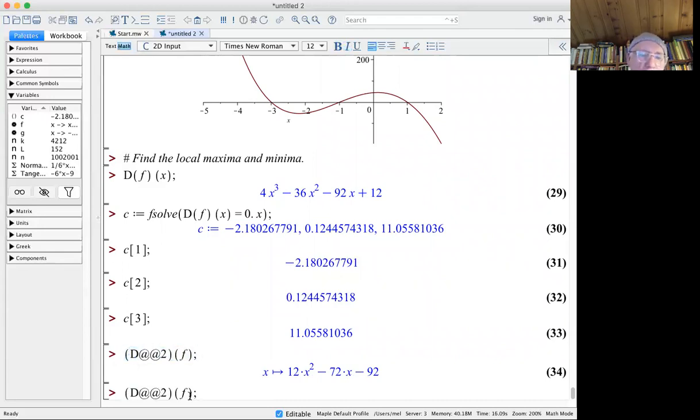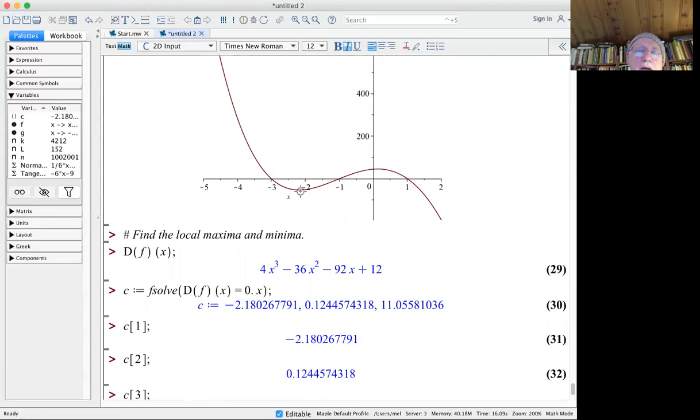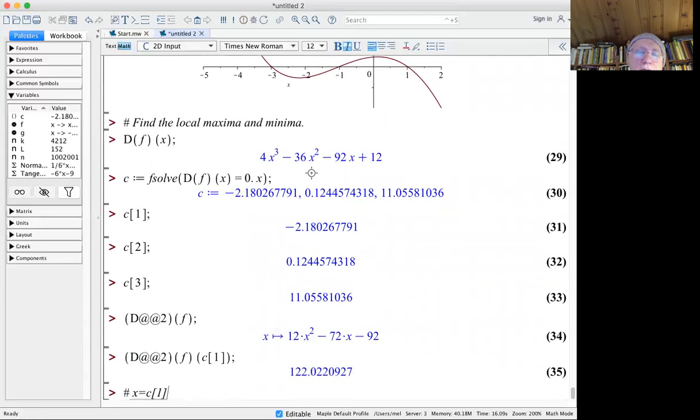So if I evaluate this function at C1, that's positive. So that tells us that x equal C1, right there, positive means it is a local minimum.